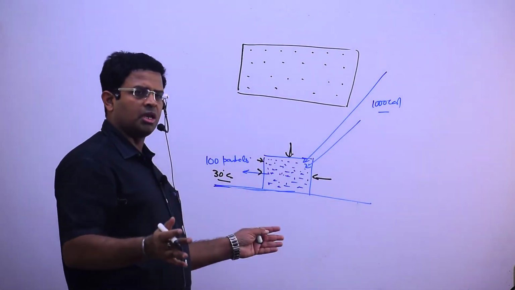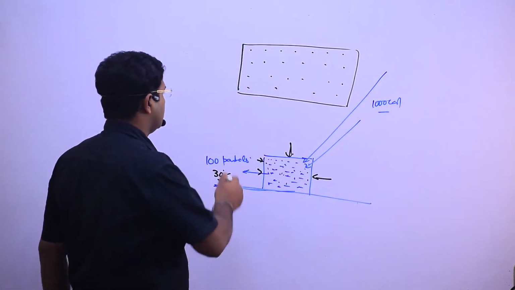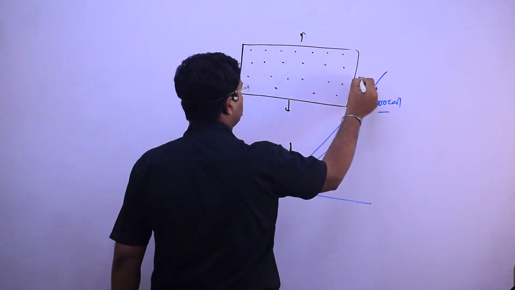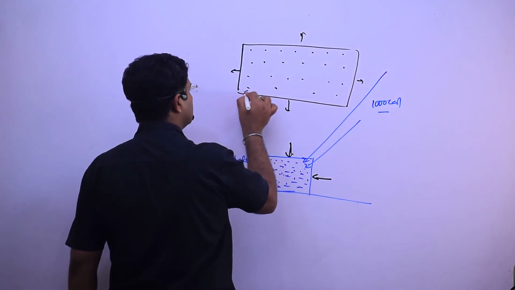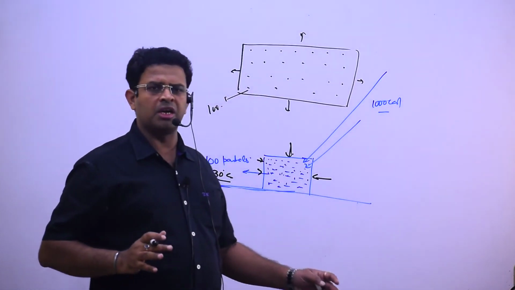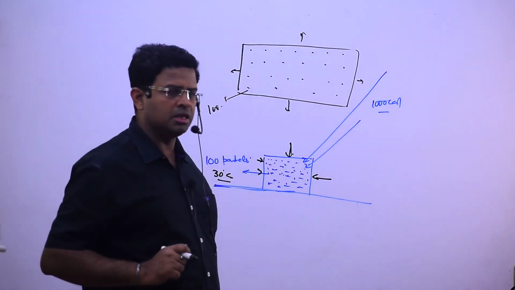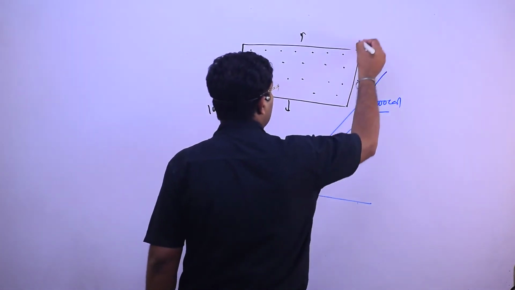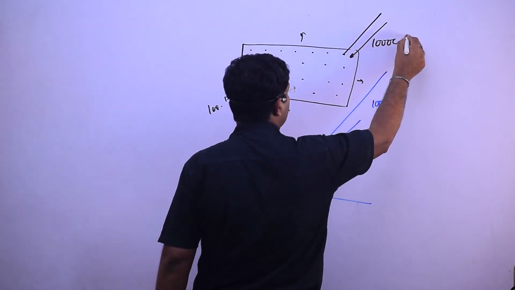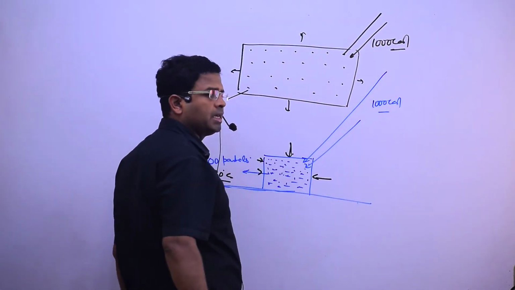This same parcel of air, due to the decrease in pressure, comparatively, then what happened? The same 100 particles are there, but these particles are separated apart. And when the heat is also coming here, I said 1000 calories, these molecules are exciting.